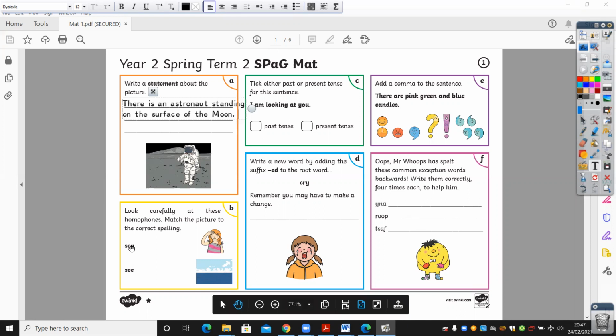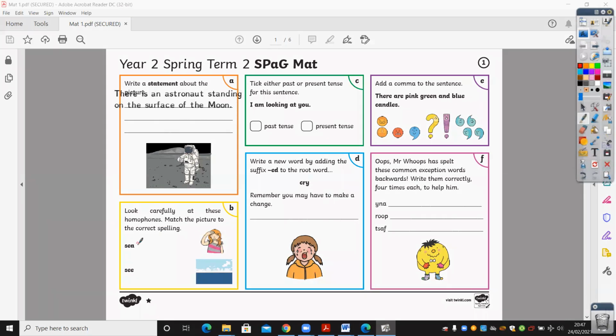So if I say see and see, they both sound exactly the same. So how do I know which see I mean? Let's have a look. Sea with S-E-A is the sea that we go for a walk by. So when we go on a beach, we go for a walk by the sea with S-E-A.